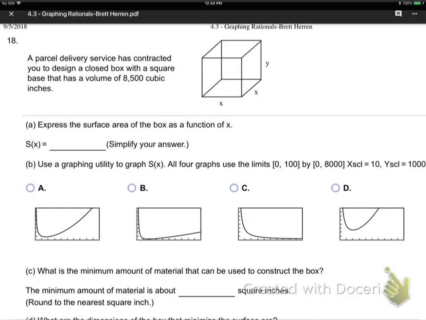Okay, so number 18. They're giving me a big old box. And parcel delivery wants to deliver a box. Volume's 8,500 cubic inches. What's the cheapest way they could build the box with the least side material? That's what this problem is all about. Very, very practical.